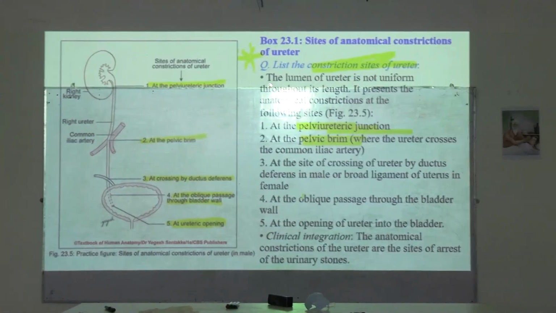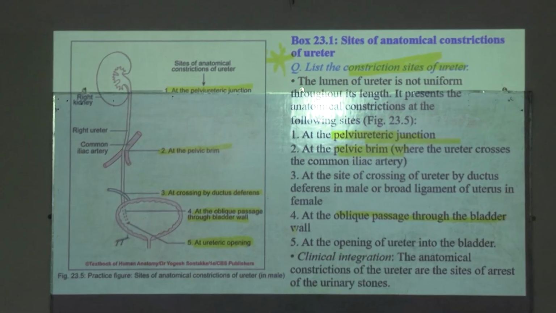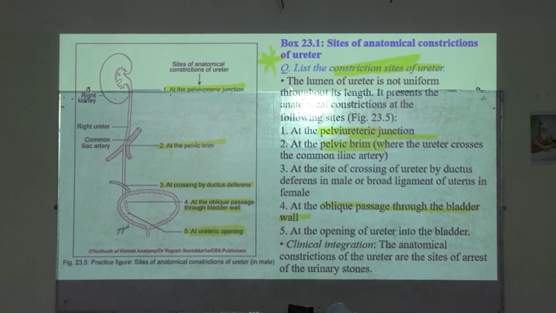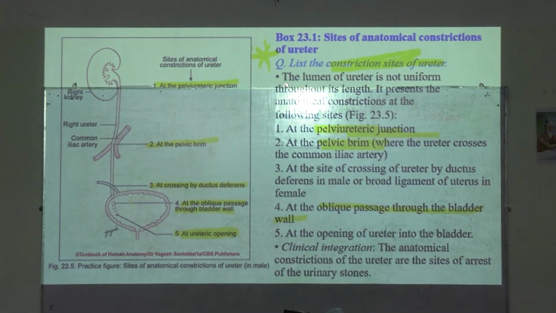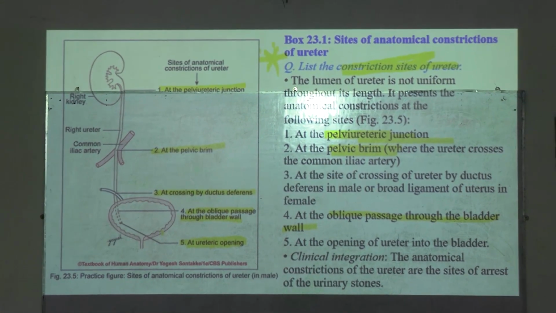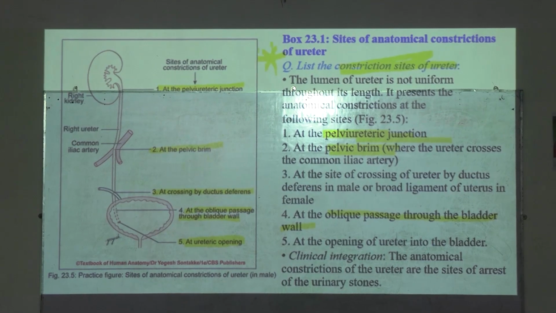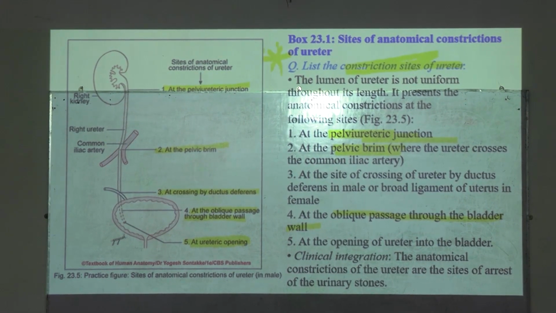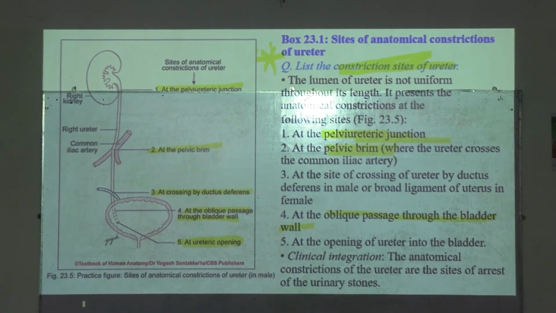Why these constrictions are important? Ureteric stone can come down. The renal stone can come down through the ureter and get impacted over these ureteric constrictions.